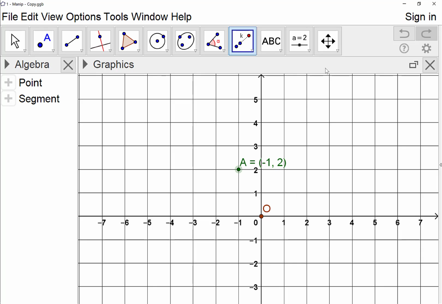What does it mean to dilate a point by a scale factor of 2? You multiply the numbers, the coordinates. Yeah, you could think of this as coordinates, and it would work that way.